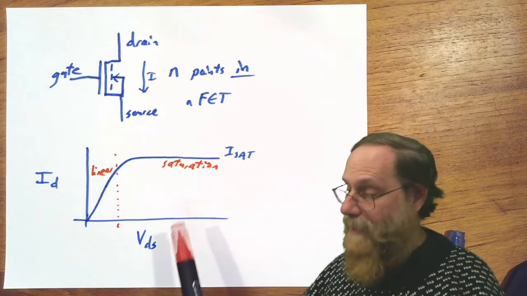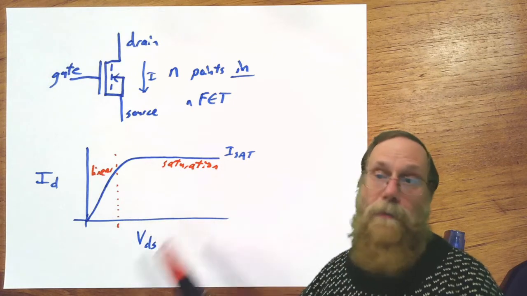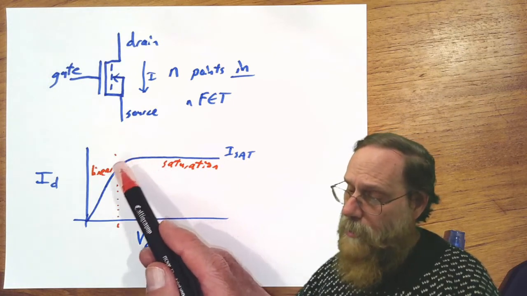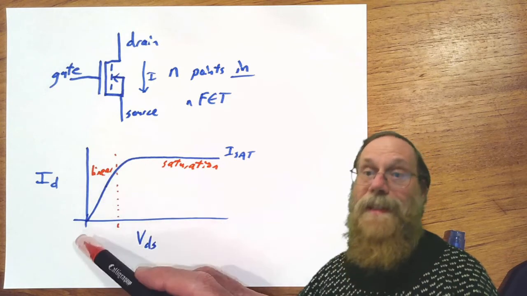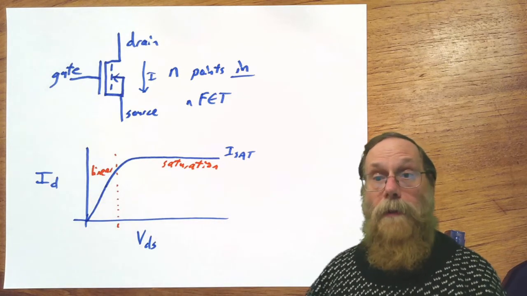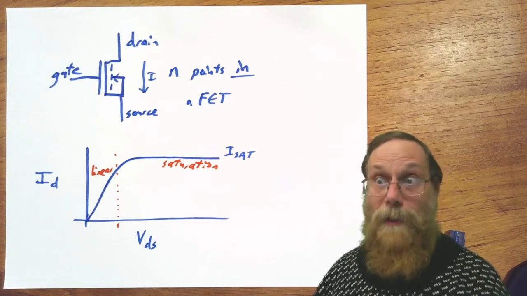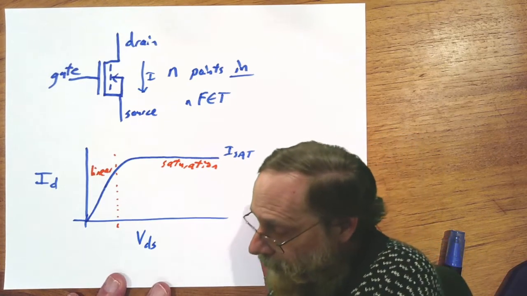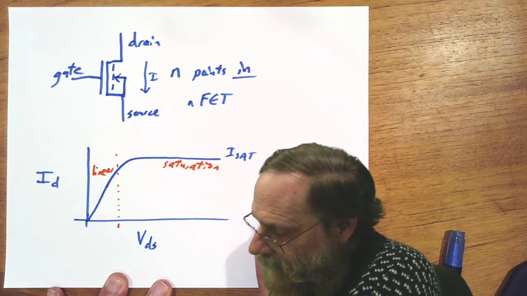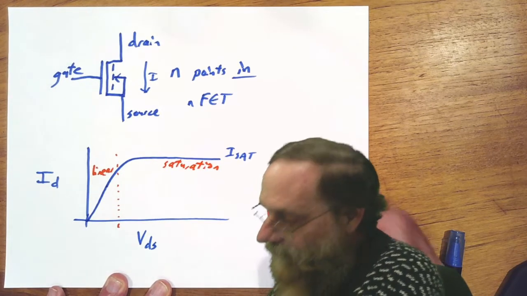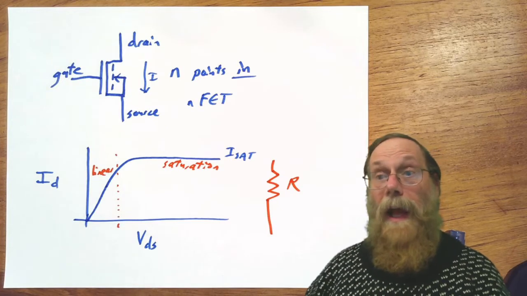So we're going to be dissipating more and more power through the device without really controlling anything more. So we're generally going to be working down in the linear region where the current goes up linearly with the voltage. Well, current linear with voltage can be modeled as a resistor. So we can think of this thing as a resistor.